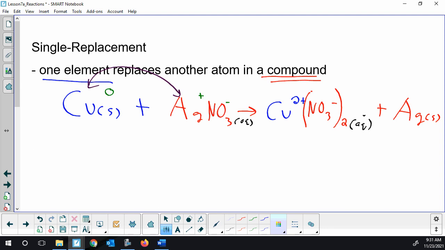We got 2 nitrates at the end. So we got to fix that nitrate. 2 NO3s, so I have to put a 2 in front to get 2 NO3s. That messed up my silver. I now have 2 silvers at the beginning. I can put a 2 in front of my elemental silver precipitate at the end. And now everything is balanced. That single replacement is complete.